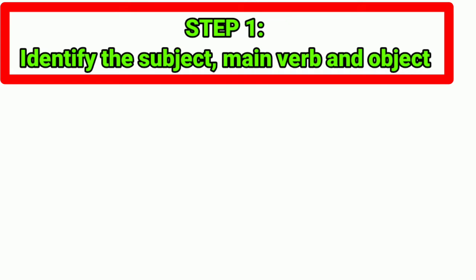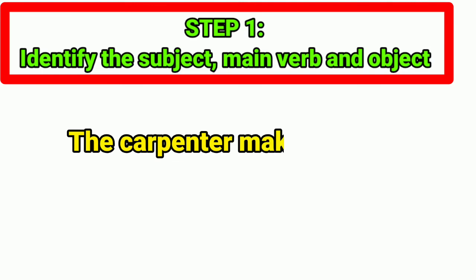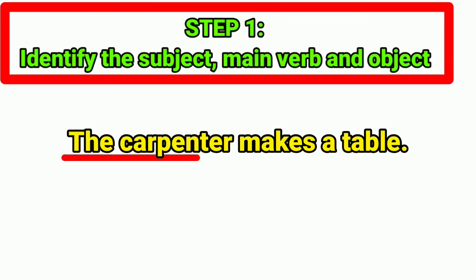So let's take one example here. The example is: the carpenter makes a table. So in this sentence, the subject of the sentence is the carpenter and the object of the sentence is a table and the main verb of the sentence is makes.